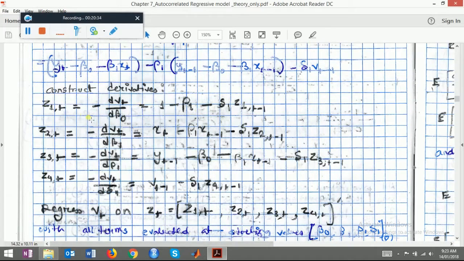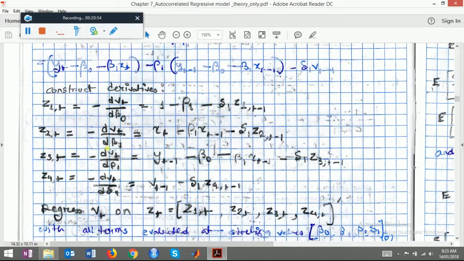So construct derivatives. This is ARMA 1-1, so this was the element 1 minus rho 1 for beta naught minus delta 1 z1 t minus 1. Z1 was this, so delta 1 z1 t minus 1. That's all, very simple, the whole equation again.